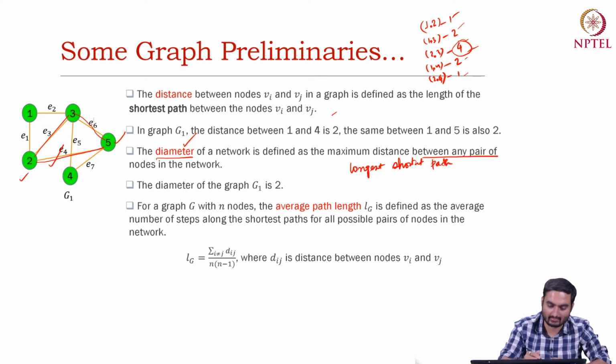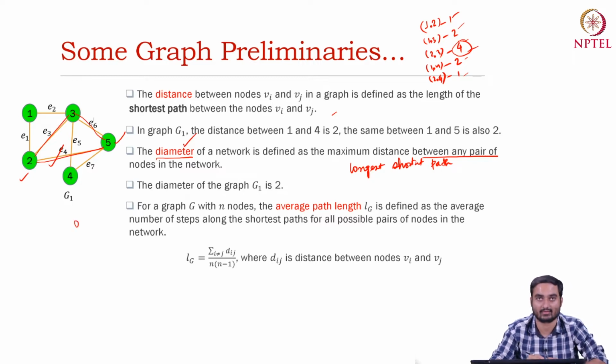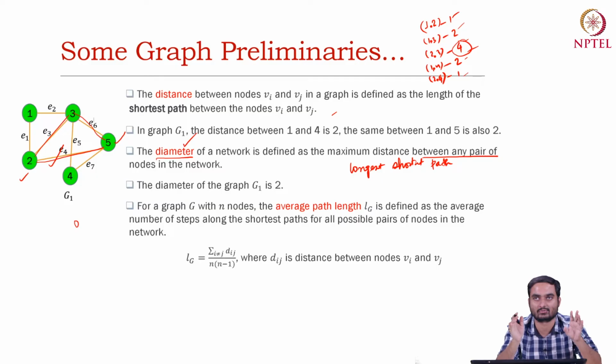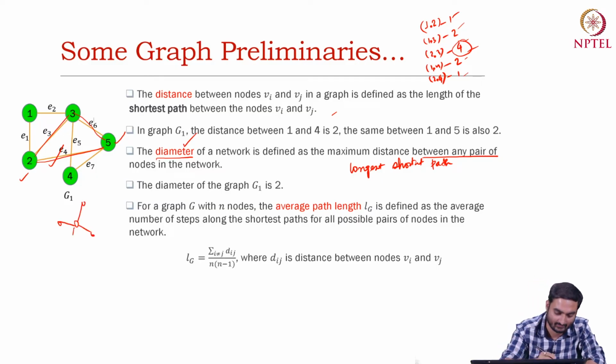So this diameter also is useful to understand the property of a network. Let us say the diameter is small. There are two networks whose diameter is small, and there is another network whose diameter is very large, right?